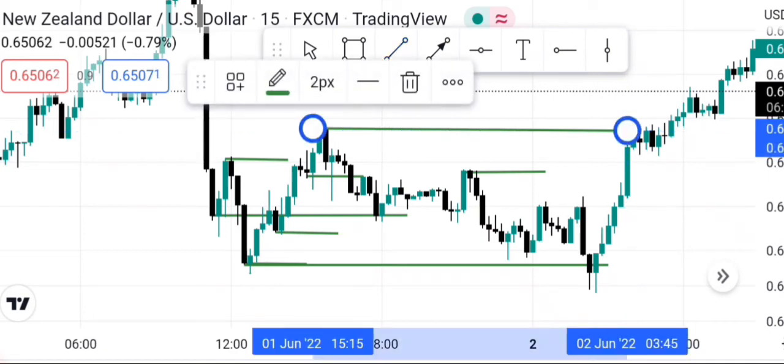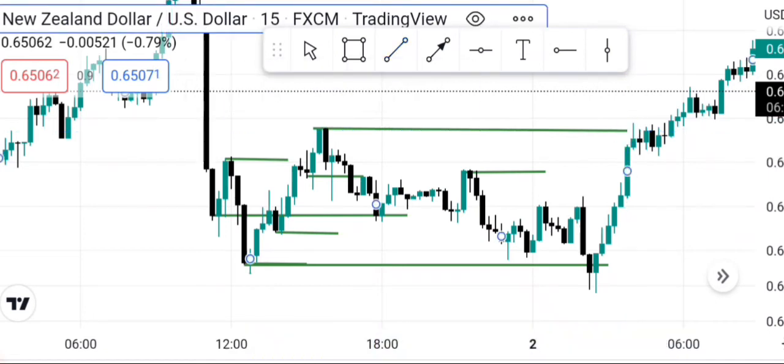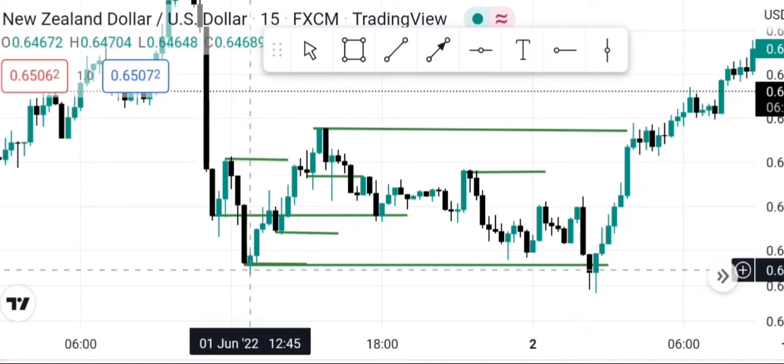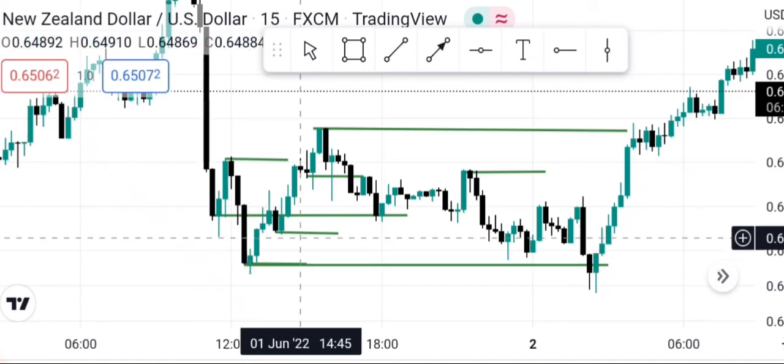Now, after identifying the highs and the lows, you ask yourself, which of these points I've marked out is a proper swing point? As you can see right here on that low, that is a proper swing point. Let's say on your daily time frame you're bullish, you will see how price will come back to this parent low.